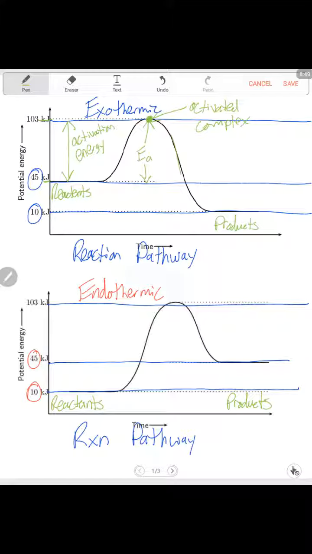Now, what we're interested in, if you think back to yesterday with the reaction mechanisms that we talked about, what formed in between? Those were the intermediates. So where you might find those intermediates is in, I'm going to shade it in blue here, this whole area, this hill. This is where you would find your intermediates, if you have any.